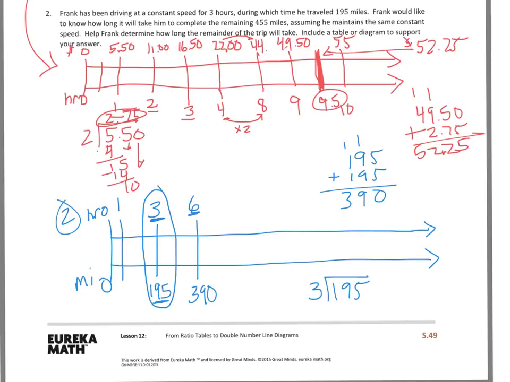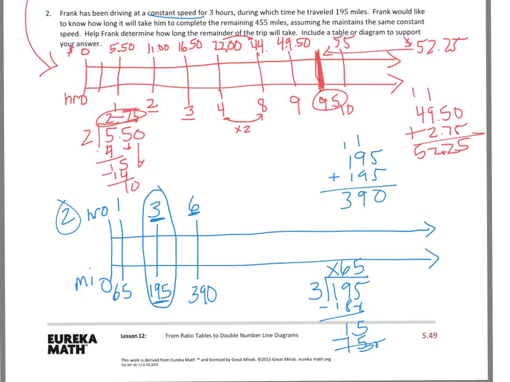So I'm going to divide that by 3. 195 divided by 3. Because it said constant, he stayed at a constant speed, meaning 3 equal groups will get me 195. So in 1 hour, he went 65 miles.